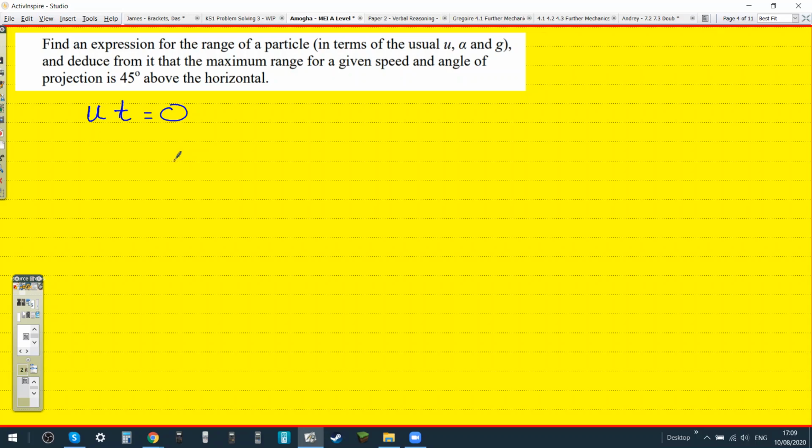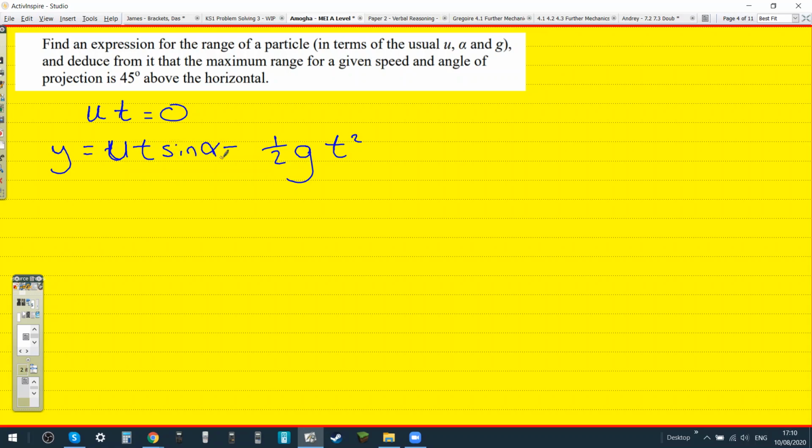Okay. So y would be ut minus 4.9t squared. Minus, yeah, a half g t squared. However, ut, would it be something like sine alpha?